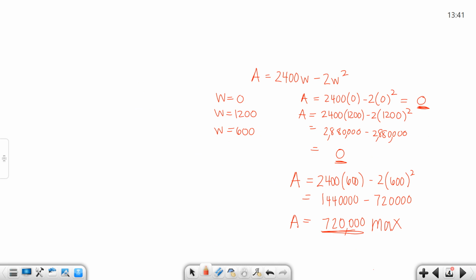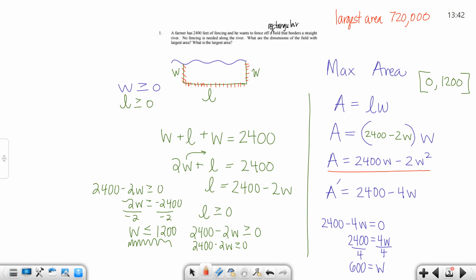The other question says, what are the dimensions of the field with largest area? Okay, so let's look back at this slide. 0 gave me a 0 area, so that one's bad. 1200 gave me a 0 area, so that one's bad. So this 600 is the width that gave me the largest area. So I know part of my dimensions would be 600. Okay? So what we have to go back and find is the length.